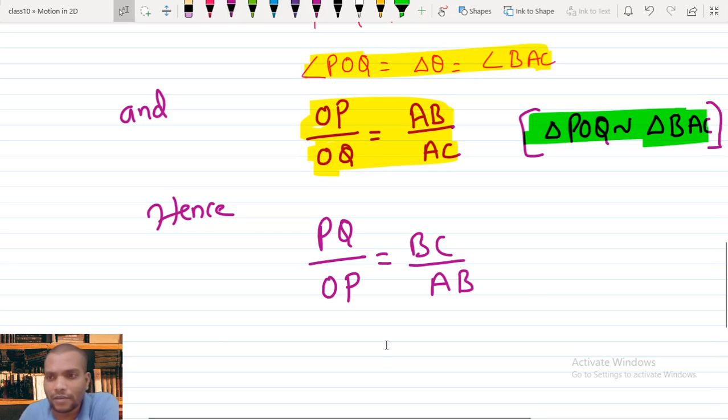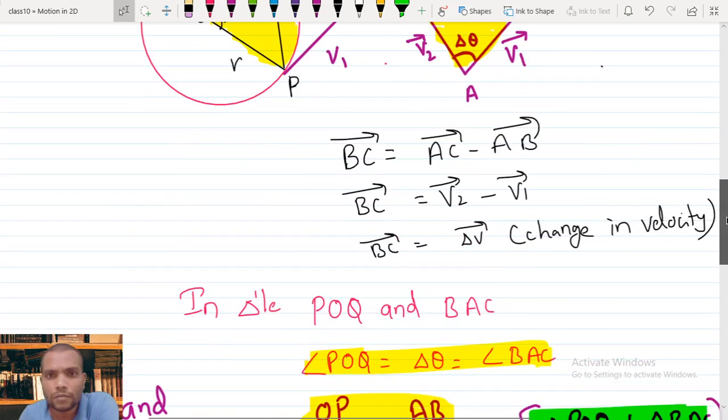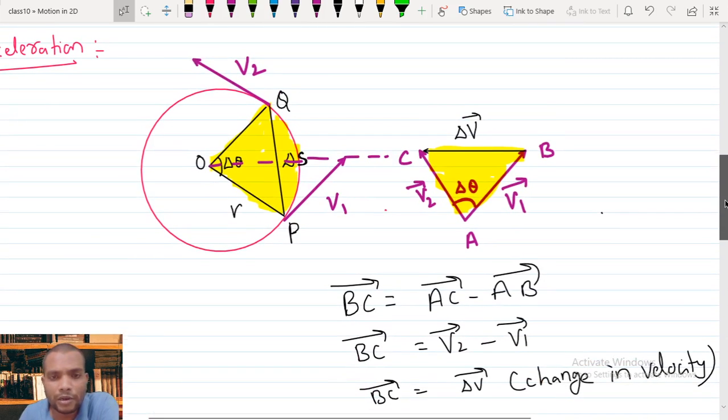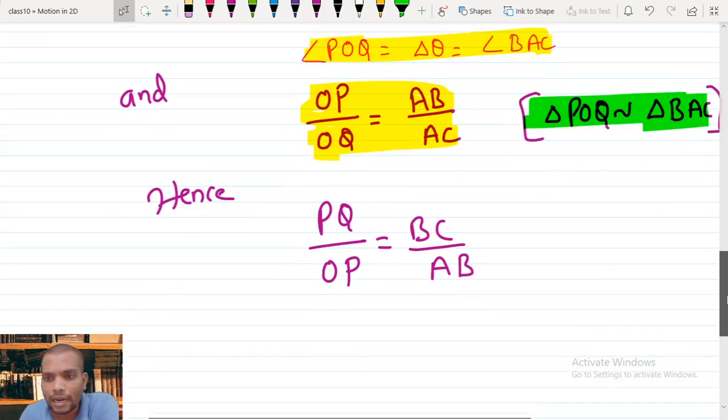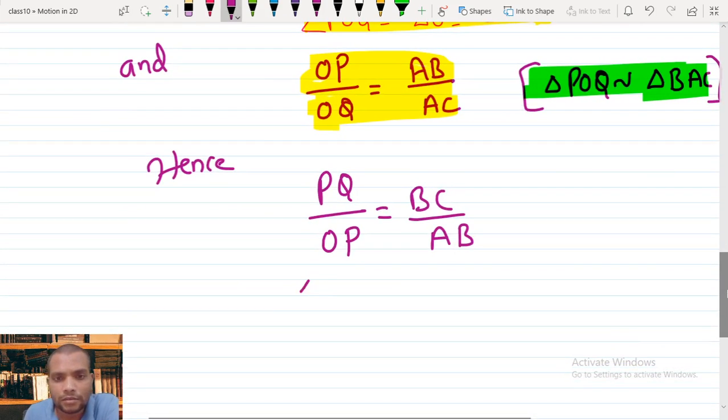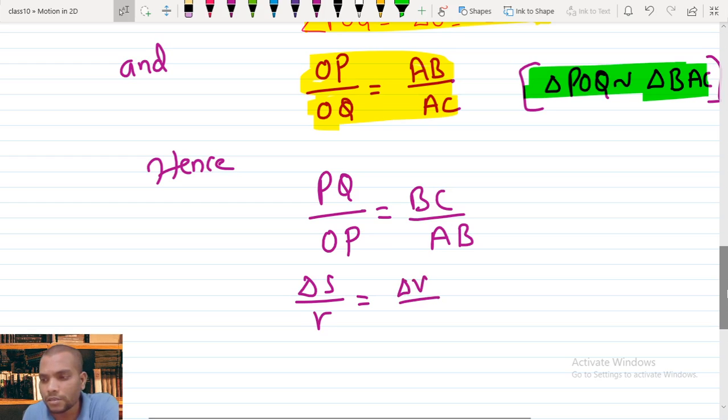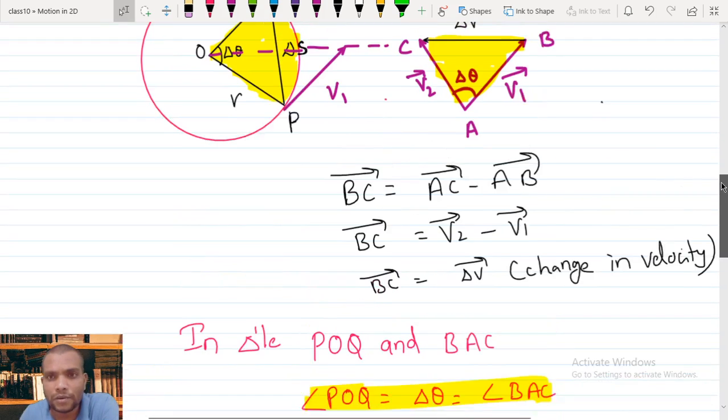Now from the figure, what is the value of PQ? PQ equals delta S and OP equals R. So this becomes delta S upon R, and BC becomes delta V, and AB becomes V itself. So we got these values from these two figures.